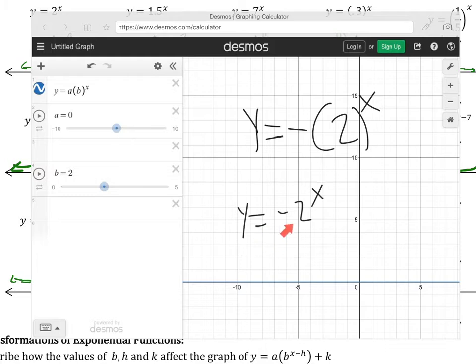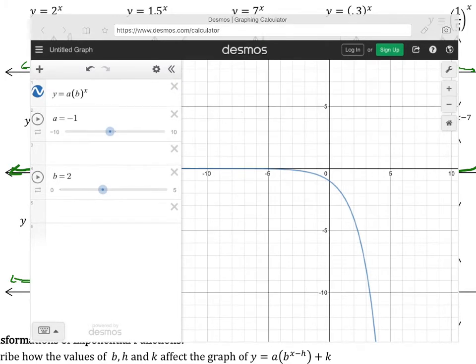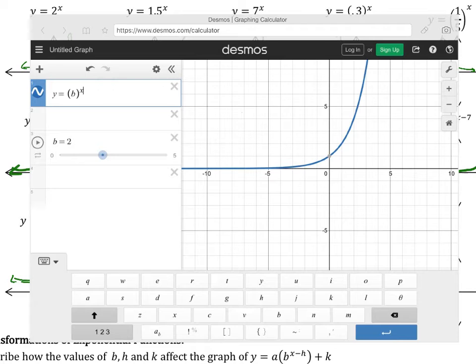This negative sign is not getting affected by the x, because it's not inside parentheses. Only 2 to the x is made negative. Important note there. So we'll take that A out of there. We're not worried about that anymore, but that's what that does.